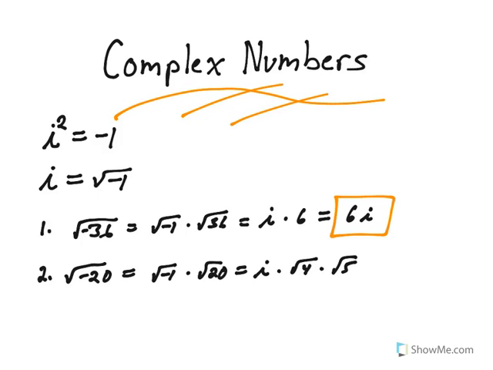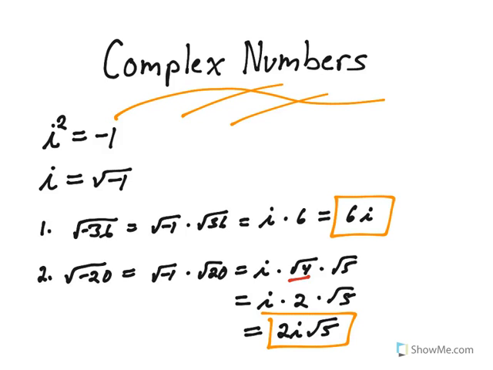And then now the perfect square is 4, right? Square root of 4 is a perfect square. So we can go ahead and simplify that as 2. And then when we finally multiply everything together, i times 2 is 2i radical 5. And that would be my simplified answer. Okay?